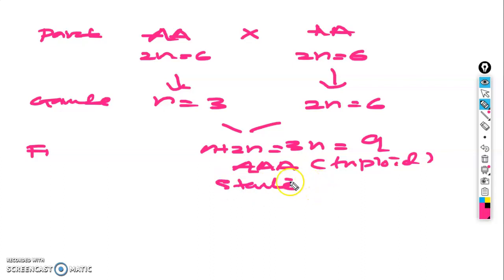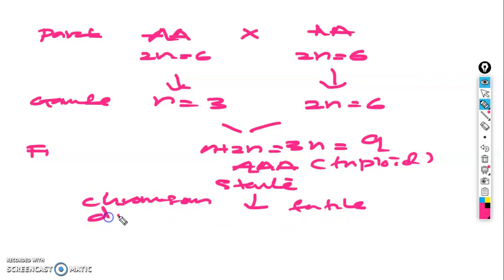The sterile individual will become fertile if it undergoes chromosome doubling, which means they become AAAAAA, hexaploid.